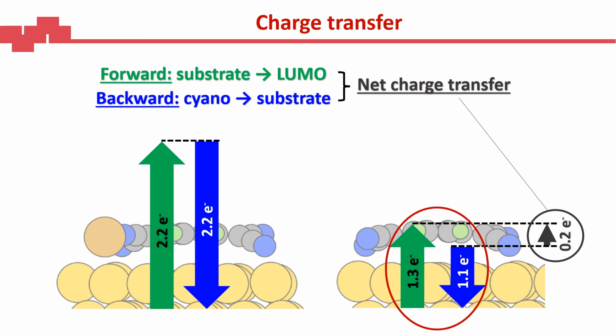Whereas without adatoms, the back donation is smaller than the forward donation, meaning that there is a net charge transfer from the substrate towards the molecule. And this net charge transfer that we only see without adatoms causes a dipole across the interface. And we will see that this bond dipole, as we call it, has a significant effect on the work function at the surface.